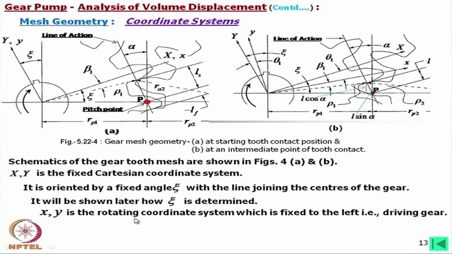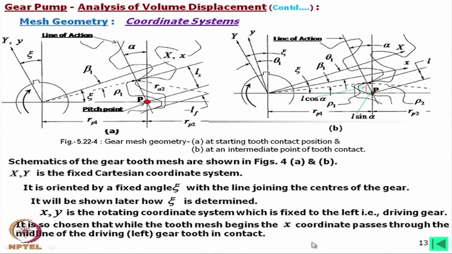Small x y is the rotating coordinate system which is fixed to the driving gear. Now, theta is equal to 0, theta 1 is equal to 0 when these two coordinates are coinciding, that we have to remember. It is so chosen that while the tooth mesh begins, this x coordinate passes through the midline of the driving gear tooth in contact. Okay.